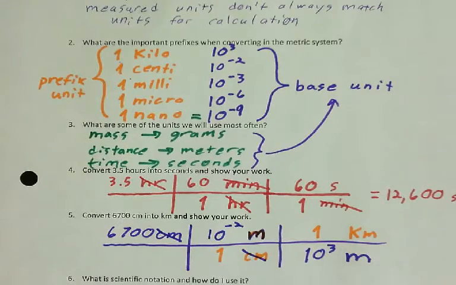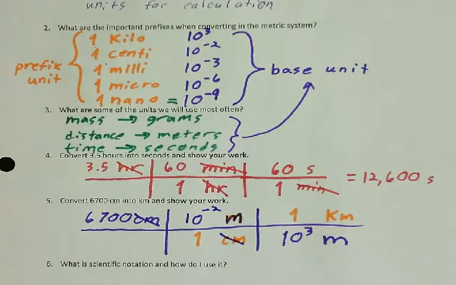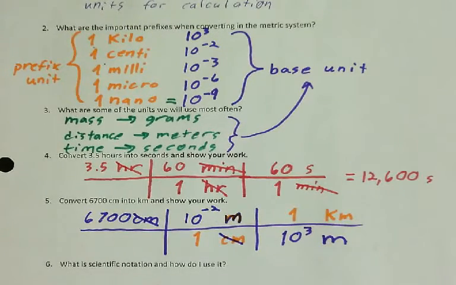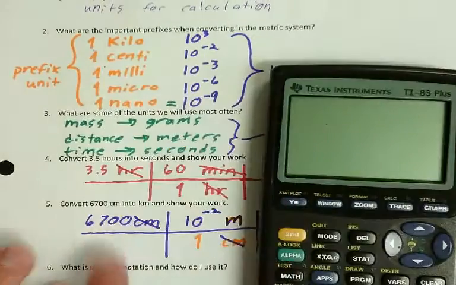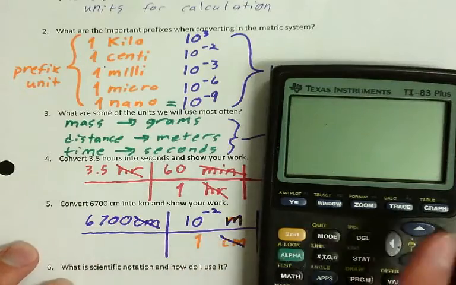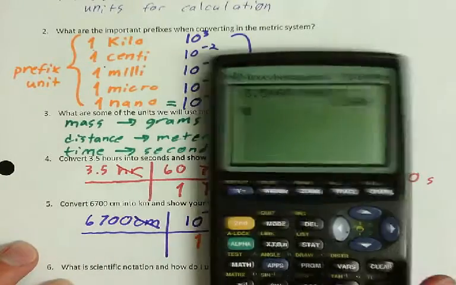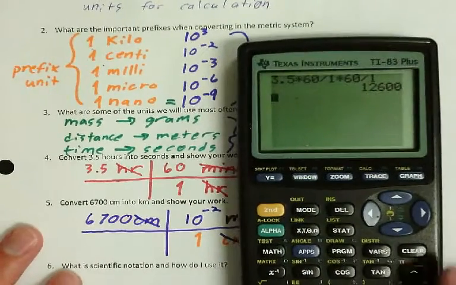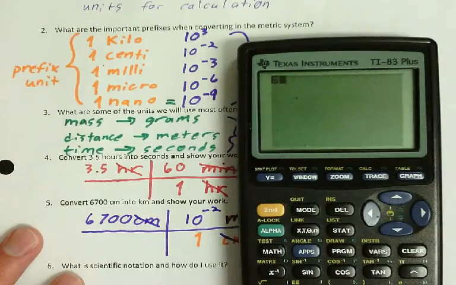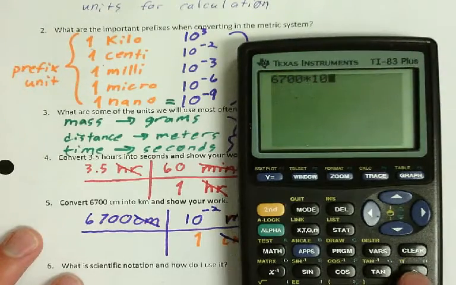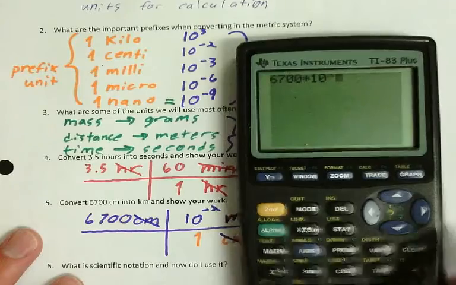Now I'm ready to do the math. I multiply things across the top. I divide things on the bottom. 6,700 times 10 to the negative 2. This is where you may need help figuring out how to put it in your calculator. 6,700 times 10. My power button is this guy here.